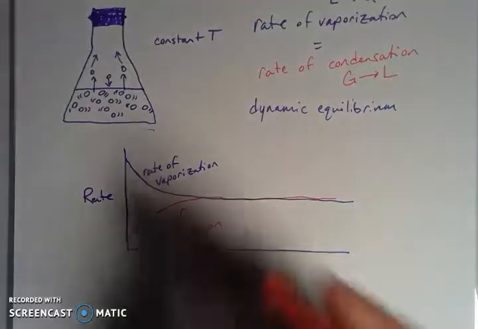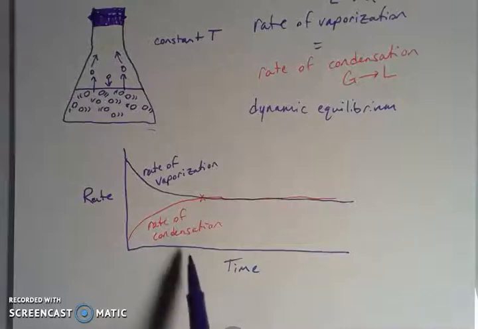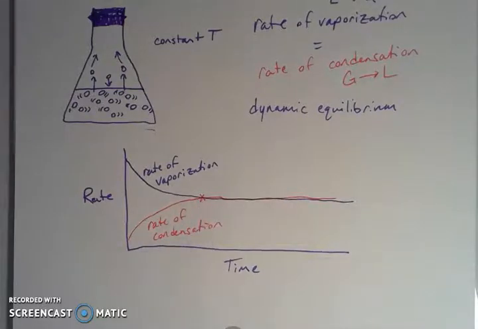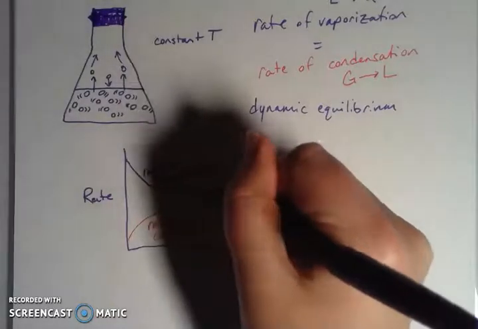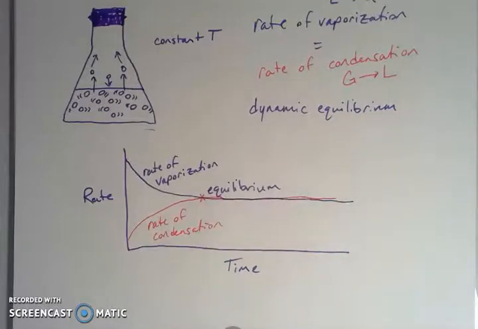And this place, this point here where X marks the spot, where we end up with the equal rates, this time that it happens, this is my place of equilibrium. And once it reaches that, once those rates stay steady and stay equal to each other, then it stays in equilibrium. It stays balanced that way.